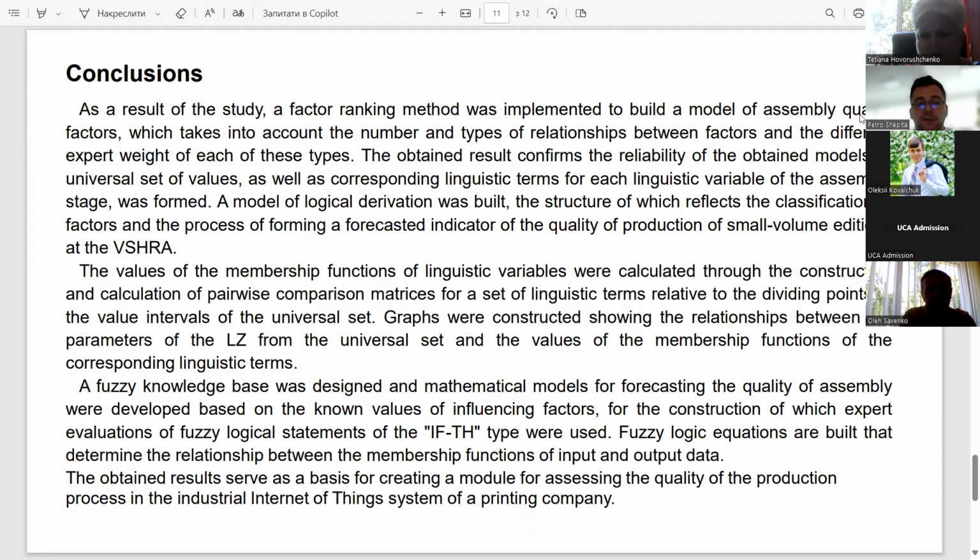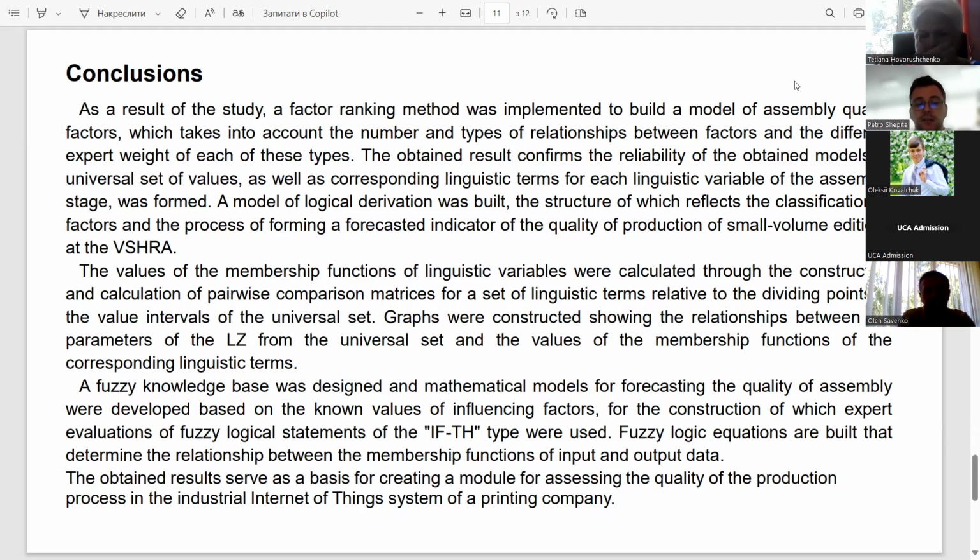The values of the membership function of a linguistic variable were calculated so as to construct and calculate the pairwise comparison matrix for the set of linguistic terms relative to the dividing points of the value intervals of the universal set.